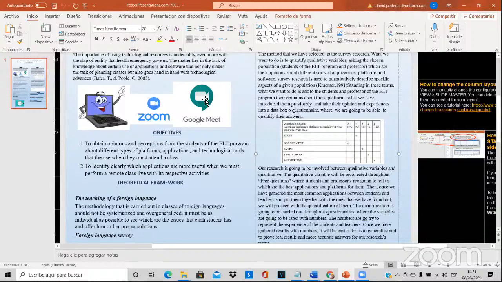We want to obtain perceptions from the students. I think it is indispensable to obtain that information, and I agree with you, to obtain the information is mandatory, actually. But is that a research objective, or is that an activity?